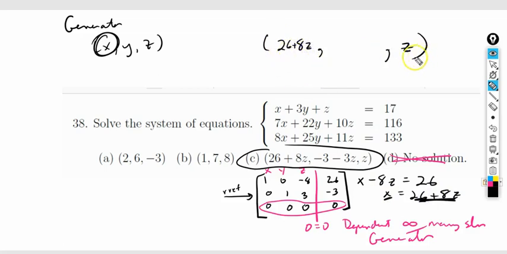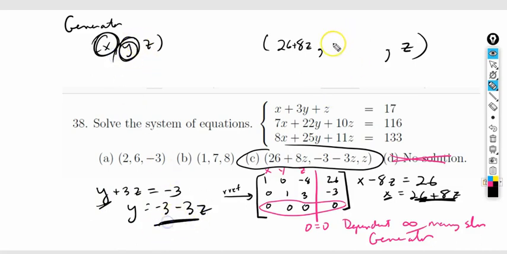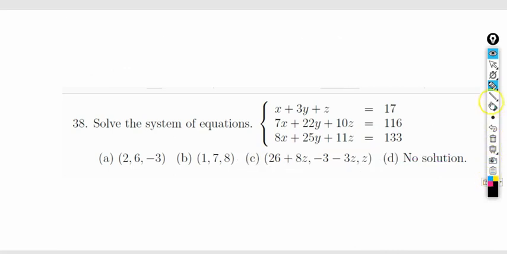You only use z's. And the second equation tells me 0 times x plus 1 times y plus 3 times z is equal to negative 3. And if you want to get y by itself, subtract 3z from both sides. And so now instead of y, you have an expression that only uses a z. And so you can see that's my generator. And you do that when you have infinitely many solutions. The answer to 38 is C.